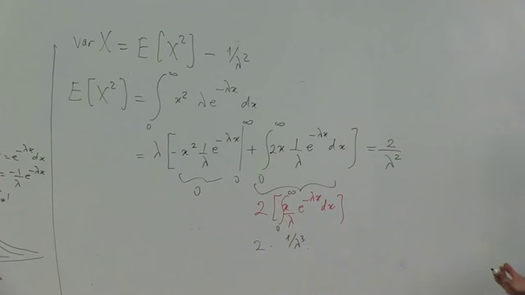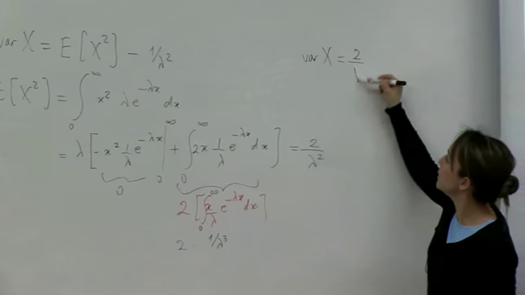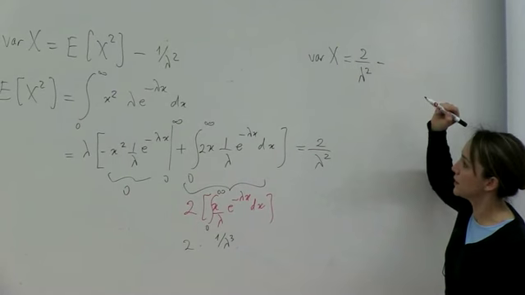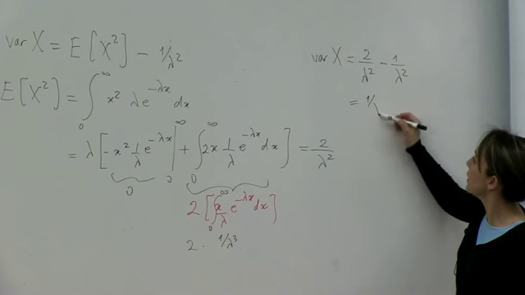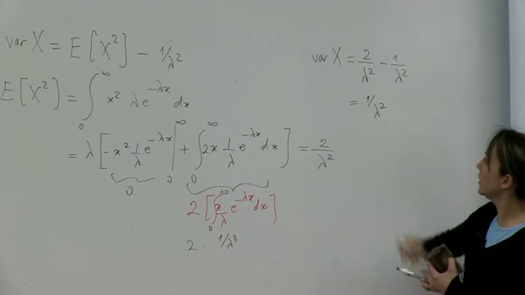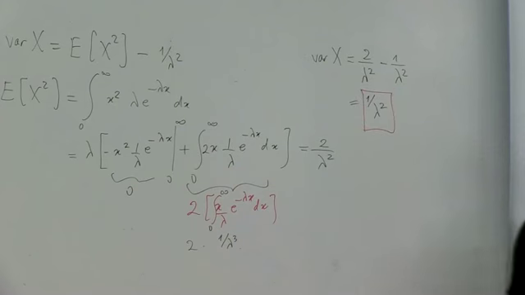The second moment also decays with lambda, which again is aligned with our intuition. So what is the variance then? Variance of x is 2 over lambda squared minus 1 over lambda squared, which is 1 over lambda squared. Nice. Why? For two reasons.